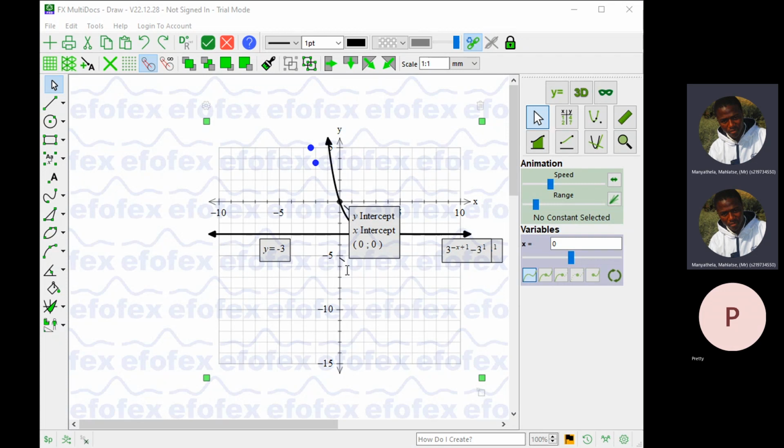So we use the laws of logarithms. This can multiply. You can bring it here to multiply log base 3.